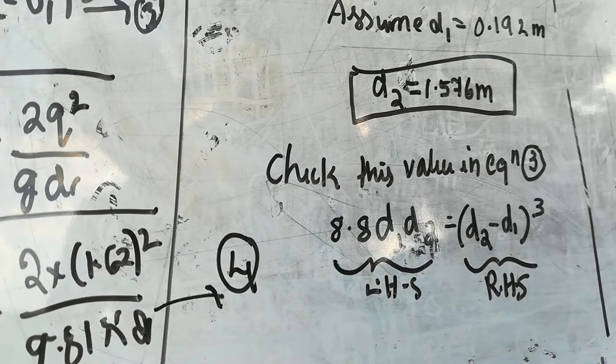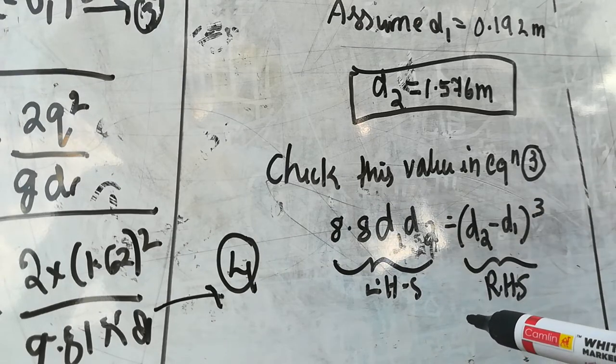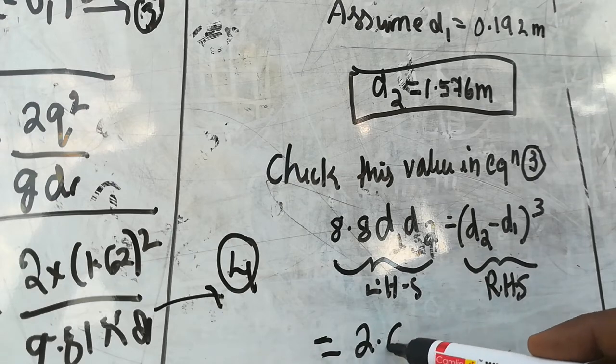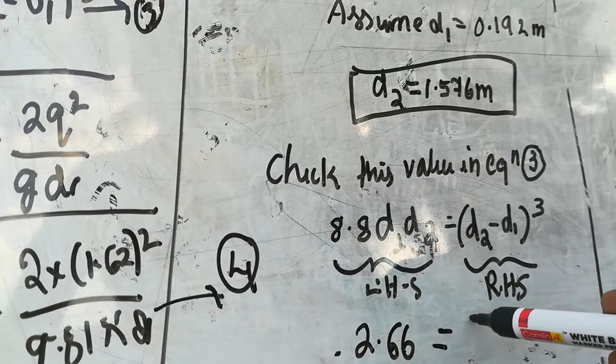So substitute the values of d1 and d2 here. We get the value 2.66 on one side, and on the other side also we get 2.66.